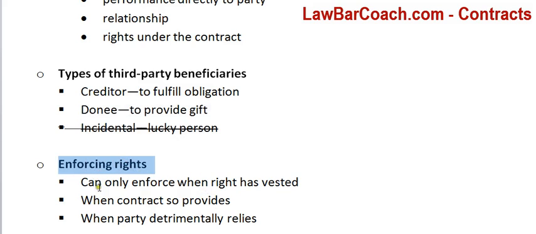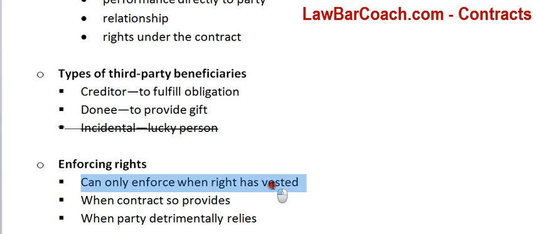Enforcing rights under a contract. The third-party beneficiaries can only enforce their rights when they have vested, meaning the right itself has matured. We talked about conditions coming into play. So, for instance, if I said, this is a stupid example, but when the weather becomes 70 degrees out, then can you make a painting of my friend?